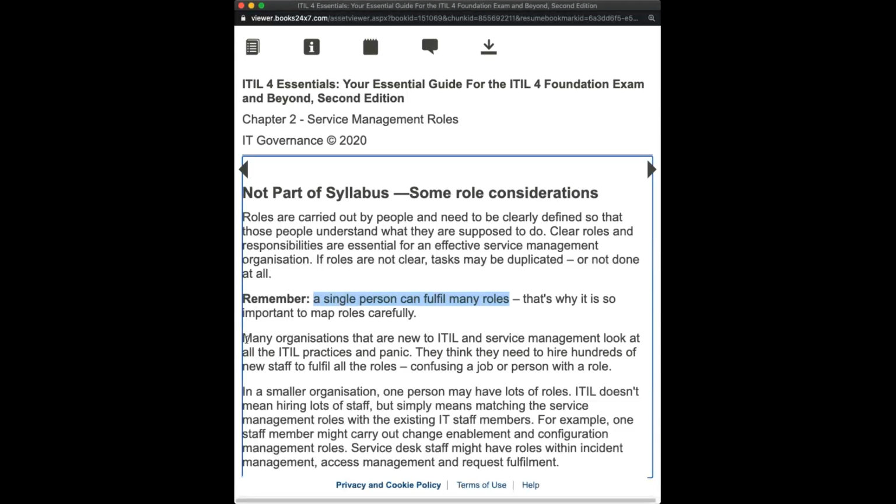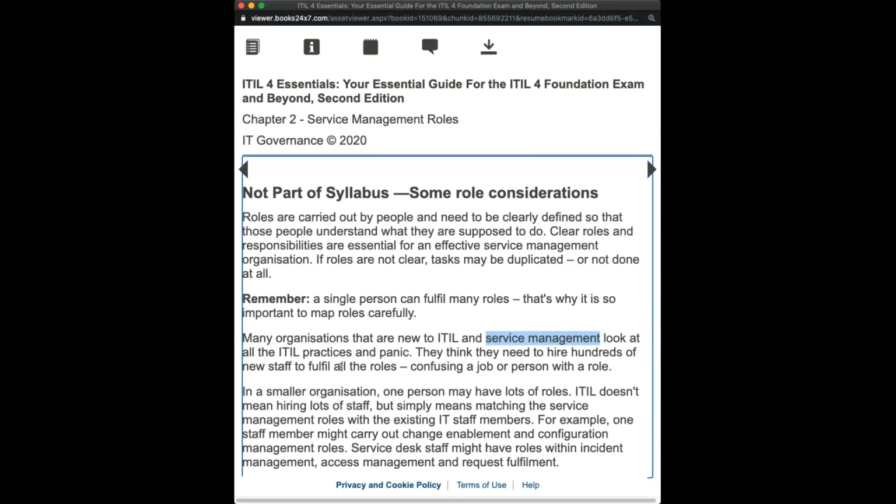Next, many organizations that are new to ITIL and service management look at all the ITIL practices and panic. Yeah, because when you first read about ITIL and ITSM, there are a lot of things you have to learn about, a lot of different technologies. But if you try to digest or study it one at a time, you'll understand that, hey, we have already been doing this.